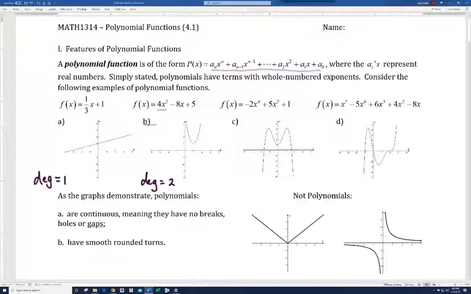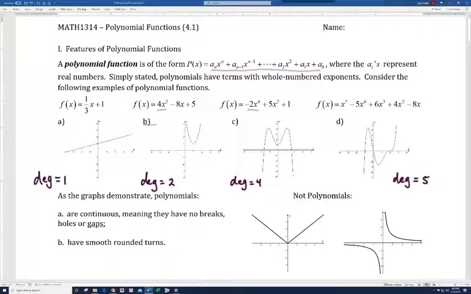So in C, we have a leading term. Notice the term with the highest degree has a degree of 4. So we call that the leading term, and its degree is 4. So the degree of the whole polynomial is 4. And then finally, if you look at the last one there, it's going to have a degree of 5 because of the x to the 5th power, which is our leading term.